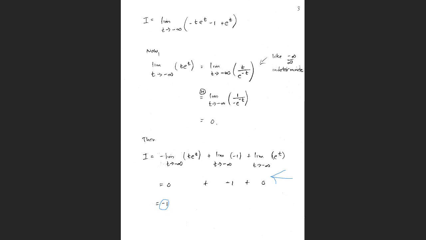Yeah. This is L'Hopital's rule, section 4.5. Wait, so how did you go from -t e to the power of t minus 1 plus e to the t to just t e to the t right here? How did I go from here to here?